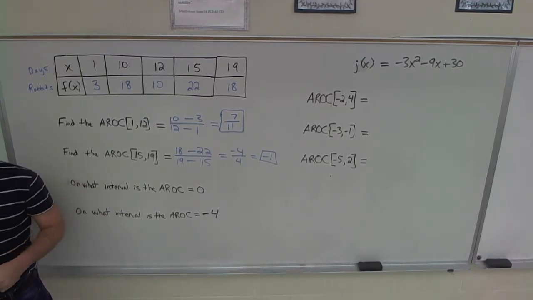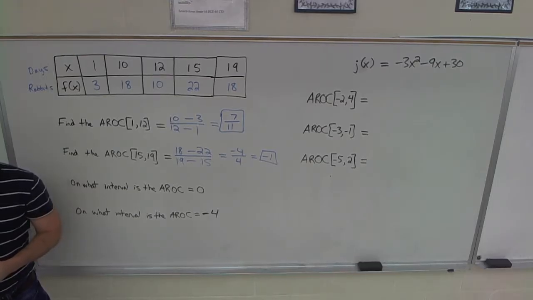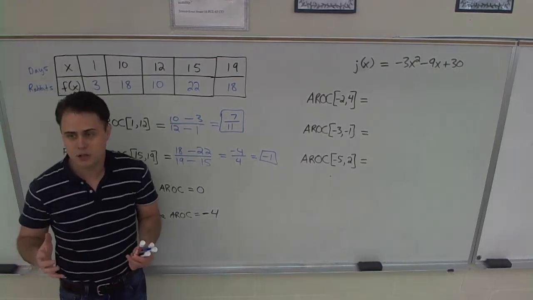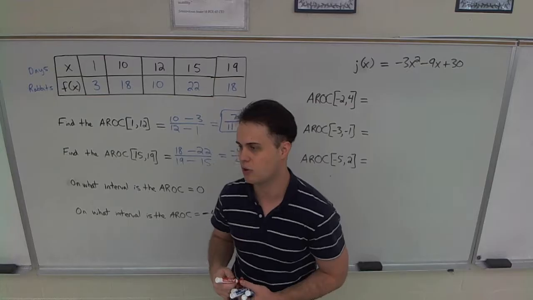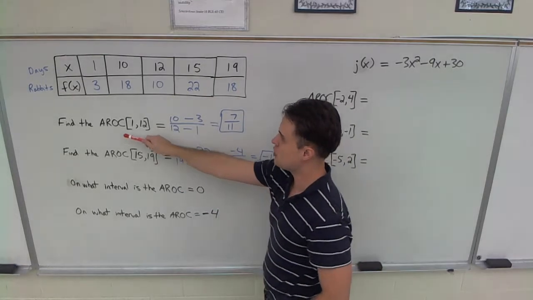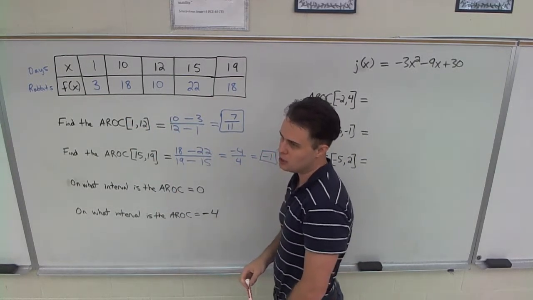So I'm going to give you guys time to fix some of your answers on that first day's assignment in a second, is that you put these in context. You should definitely, absolutely have to be able to understand what this actually means, besides just putting the numbers in the right spots. This means the average rate of change of rabbits for so many days.